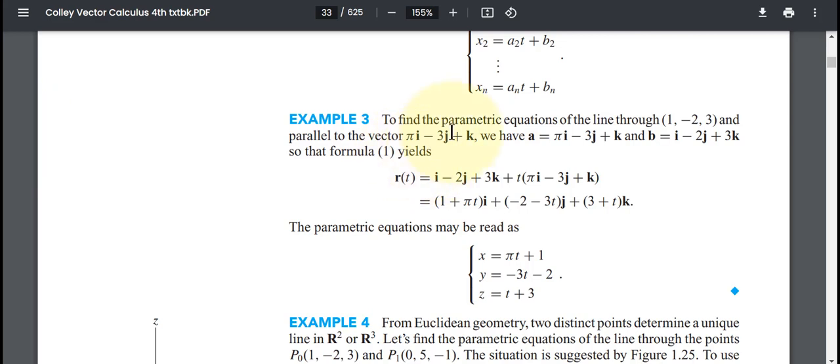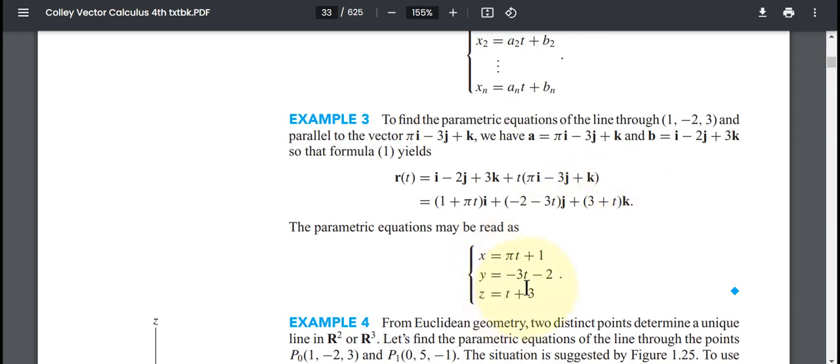And now they said the final goal, though, is to find the parametric equations. So not the vector parametric equation. We want the three of them. And these are the three. And how do we get that? We just associate. This is the x coordinate. So we say x equals this part, y equals this part, and z equals this part.